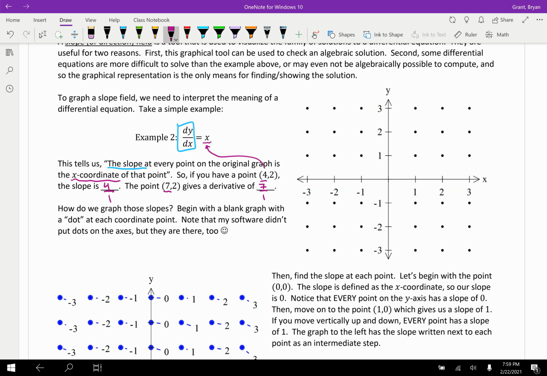So what a slope field does is it goes to every individual point on our coordinate plane and graphs a tiny slope at each point. And once you put all those tiny slopes together, you will see a picture of the graph. So how does this work?